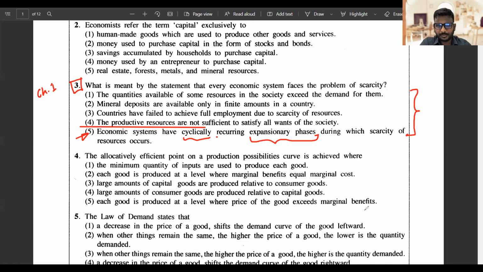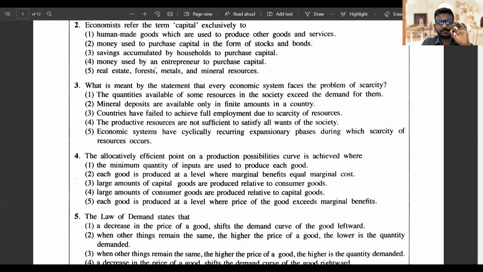Fourth question, what's the answer? The allocatively efficient point on a production possibilities curve is achieved where?